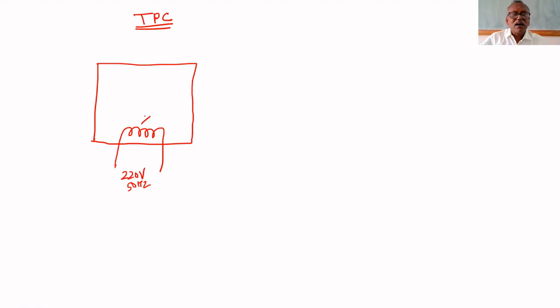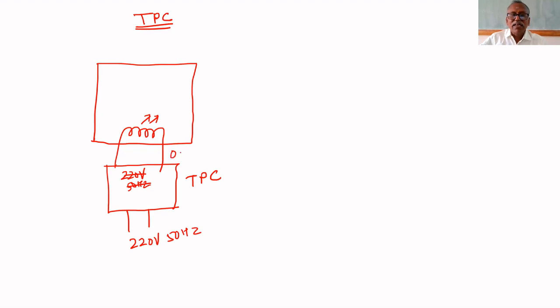How to vary this amount of heat supply to this furnace? We have to vary the power given to it. To vary that power, there is a power electronic device called TPC, Thyristor power controller. You have to give 220 volt 50 hertz constant power to this.